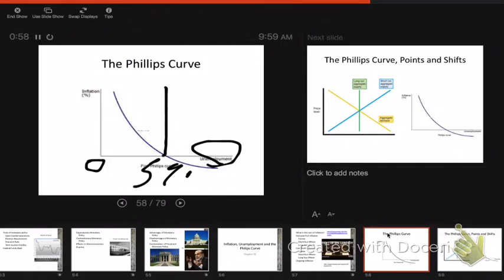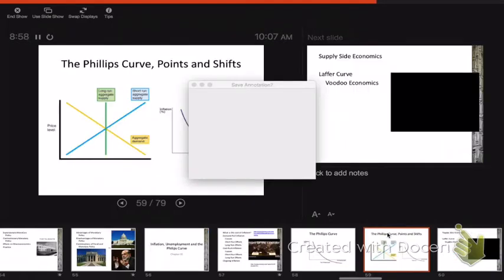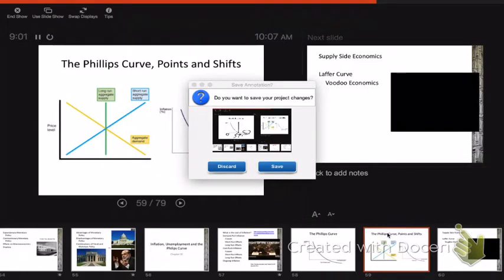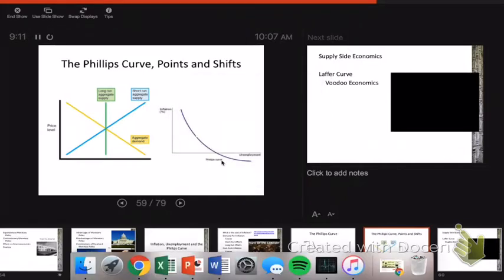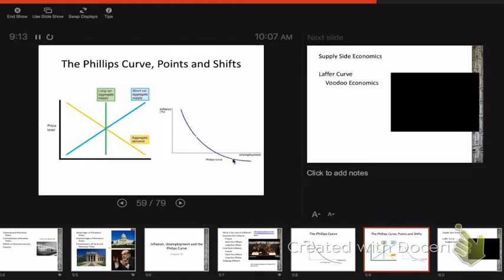All right, so how does the College Board, or AP, ask all of this stuff? The answer is it's going to ask you by making sure that you can apply this into your AD-AS graph.